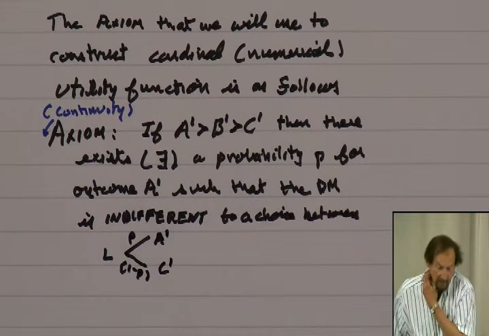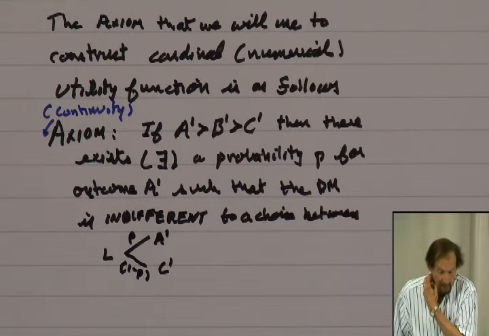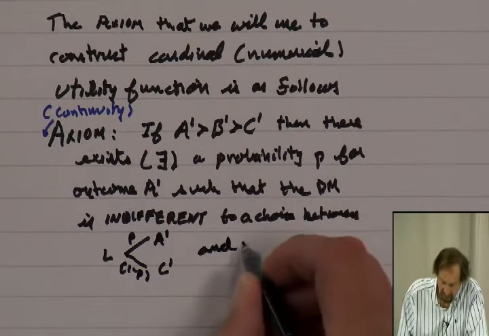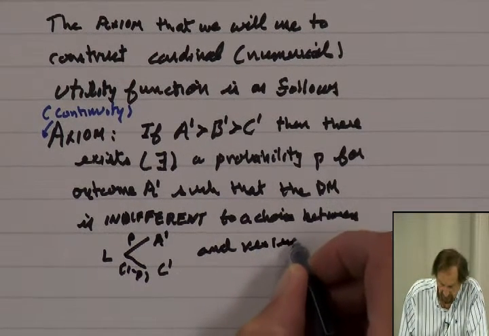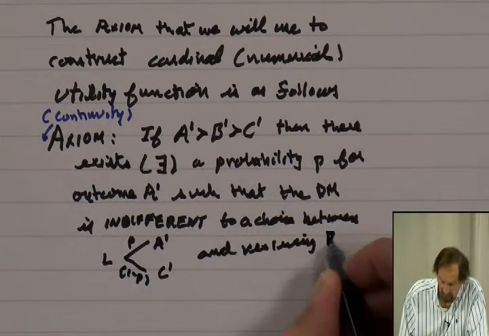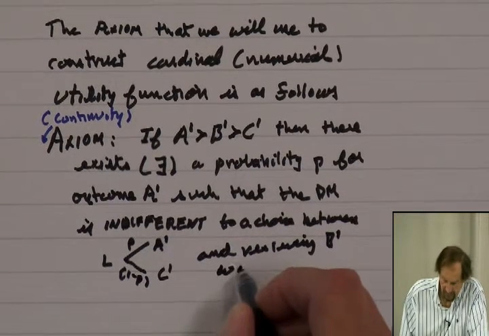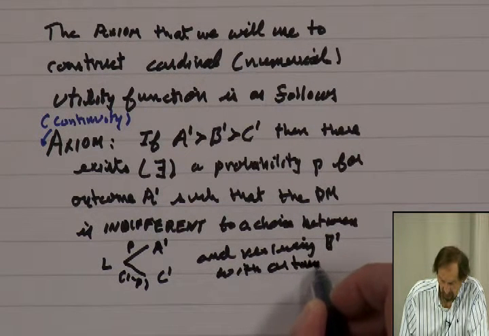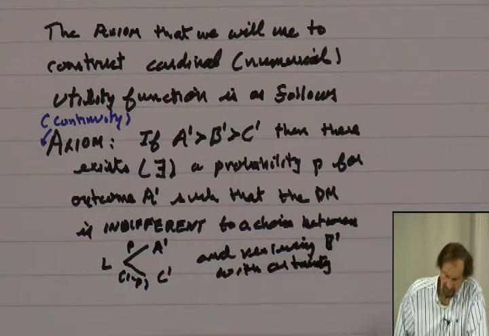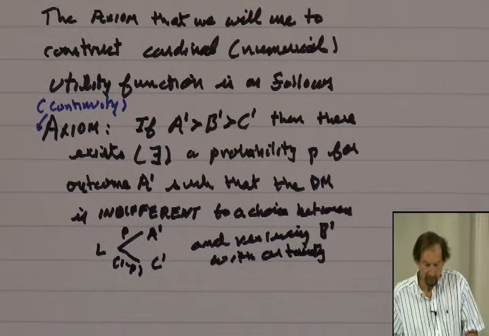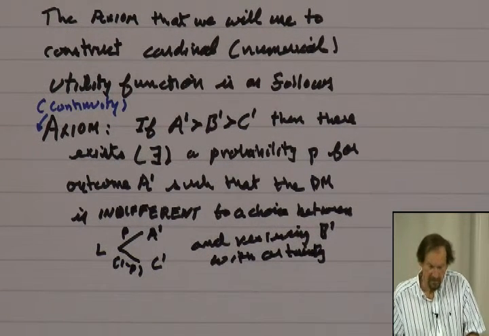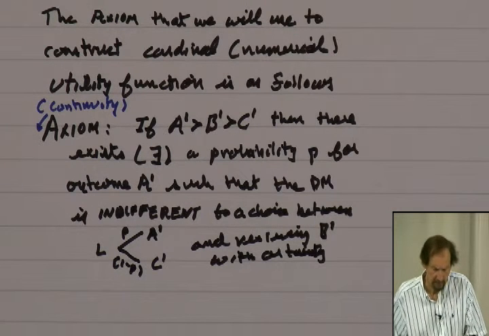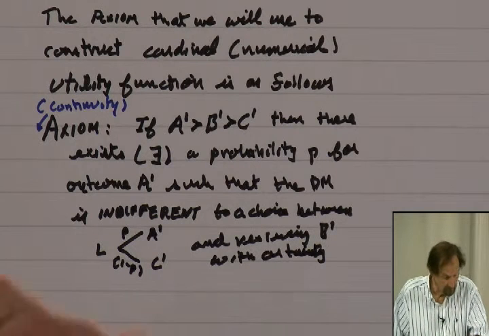So A prime is the best possible outcome. C prime is the worst possible outcome. Okay, so you could think of B prime as like a fair price for that lottery.